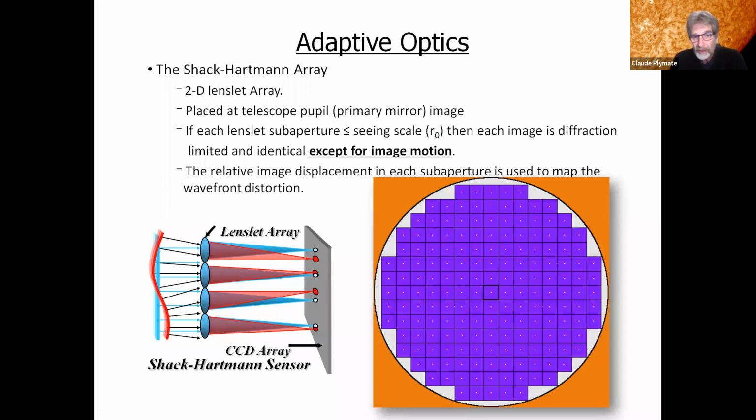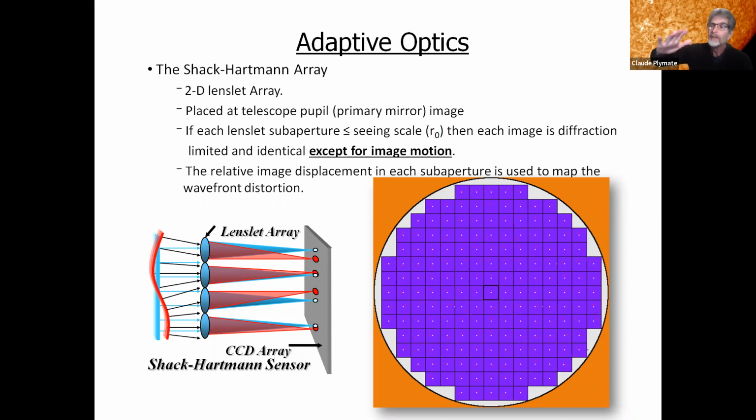If each lenslet subaperture is smaller than the seeing scale I was talking about before, the r0, where you are critically resolving the seeing, then the images will be diffraction limited for its effective aperture, and each image will be identical, except for displacements due to image motion.